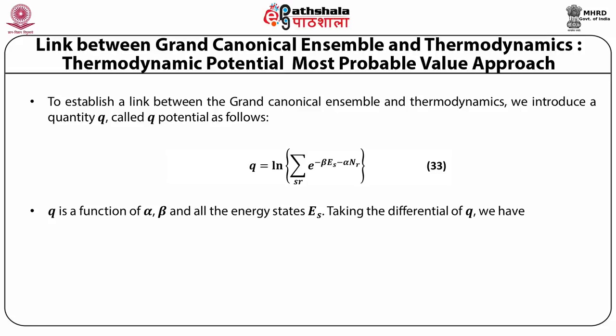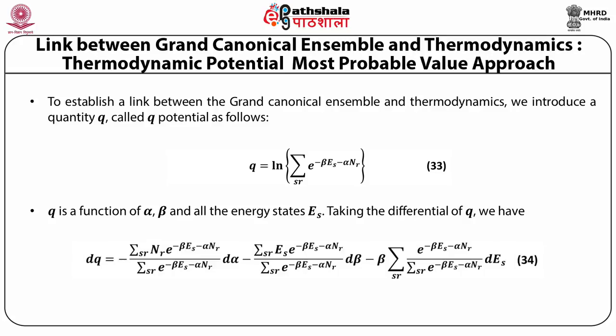Taking the differential of Q, we have dQ is equal to minus the summation over SR of NR e raised to power minus beta ES minus alpha NR, divided by the summation over SR of e raised to power minus beta ES minus alpha NR, d alpha, minus the summation over SR of ES e raised to power minus beta ES minus alpha NR, divided by the summation over SR of e raised to power minus beta ES minus alpha NR, d beta, minus beta multiplied by the summation over SR of e raised to power minus beta ES minus alpha NR, divided by the summation over SR of e raised to power minus beta ES minus alpha NR, dES.